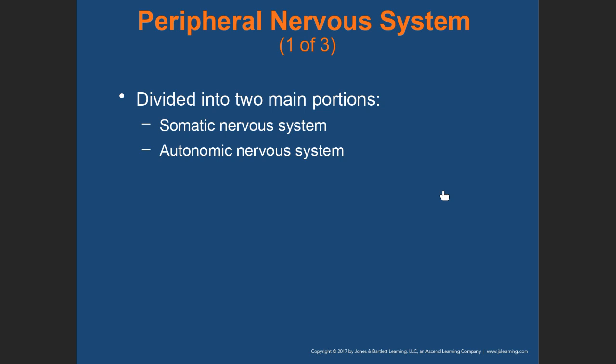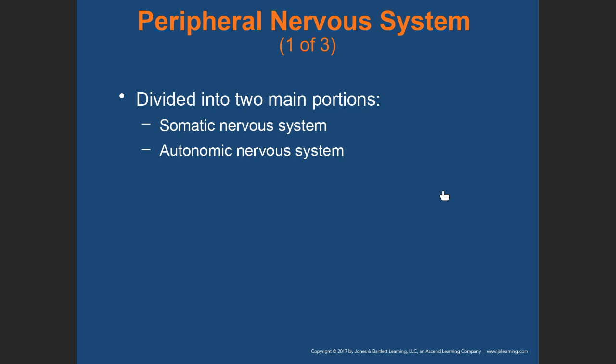You have the somatic nervous system, which is responsible for voluntary functions, and the autonomic nervous system, which is responsible for involuntary function.